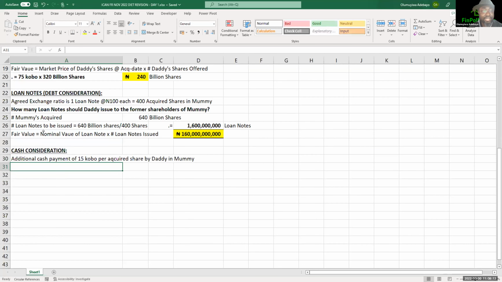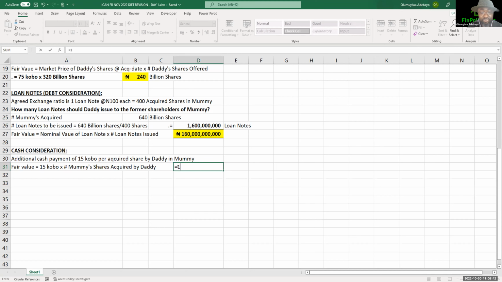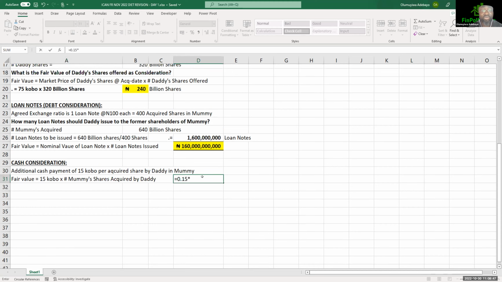Which then means that in that case, the fair value of the cash consideration will be 15 kobo multiplied by the number of mommy's shares acquired. And what is that? That is 15 kobo, which is 0.15, multiplied by how many shares was acquired?